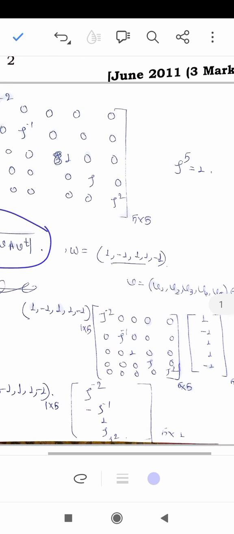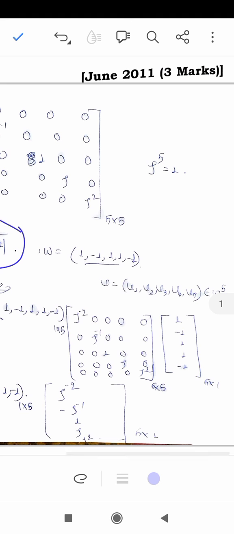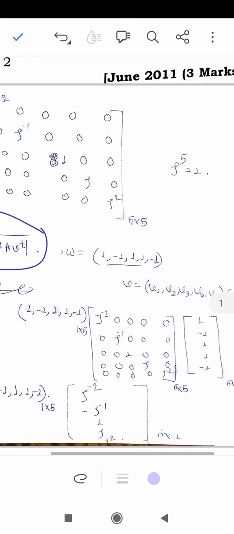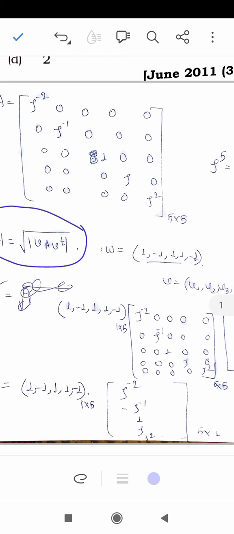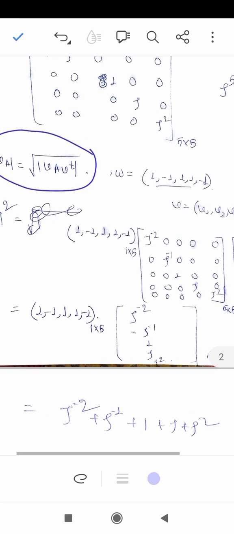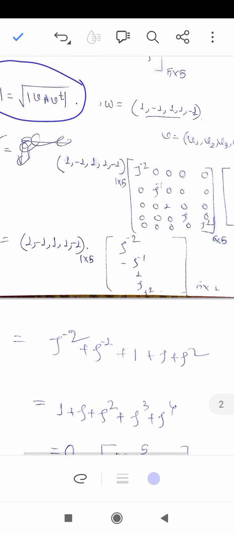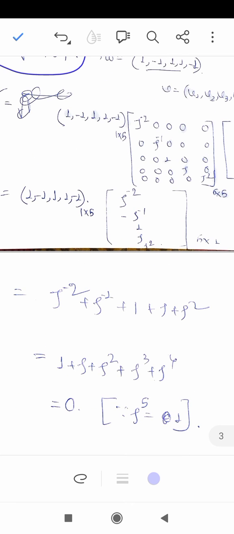So this is 1, minus 1, 1, minus 1, and under it this matrix and this 5 cross 1 vector. I simply multiply these quantities, so I get J to the power minus 2, minus J inverse, 1, J and J square. This is the 5 cross 1 matrix, and here I have a 1 cross 5 matrix. I just multiply them both, and then I get this.